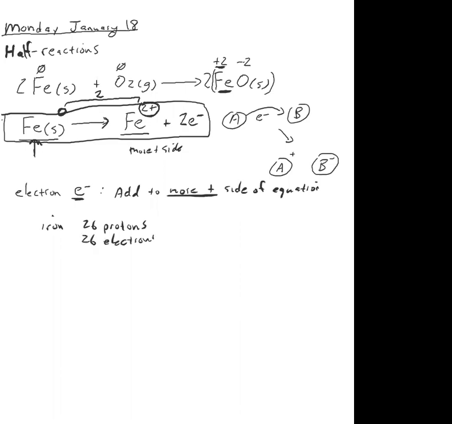If you remove 2 electrons, so these are the ones that are removed, now it'll have 26 protons and 24 electrons. You're removing 2 electrons. So now if you compare the protons and electrons, essentially what has happened is the iron has lost 2 electrons, so it'll have a charge of +2.